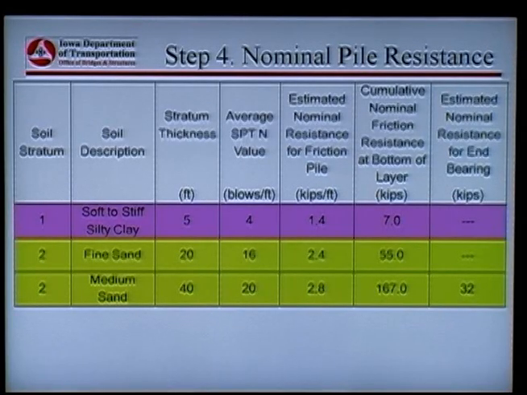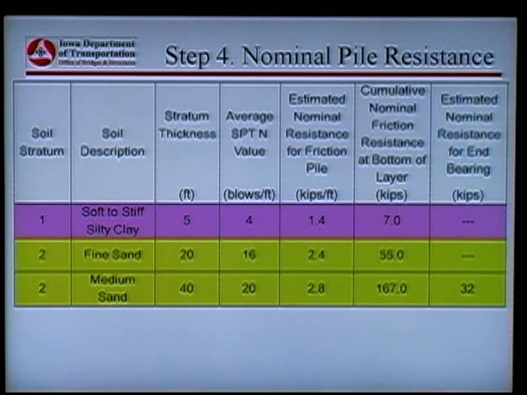Step 4. Step 4 is for those who are familiar with using the Iowa design chart to come up with the geotechnical pile resistance. It's the same thing, to determine the nominal pile resistance. So we have a few layers along the pile length. The first layer is soft to stiff silty clay.